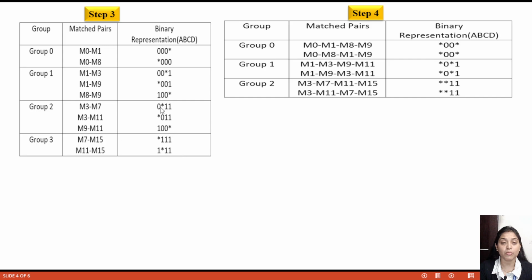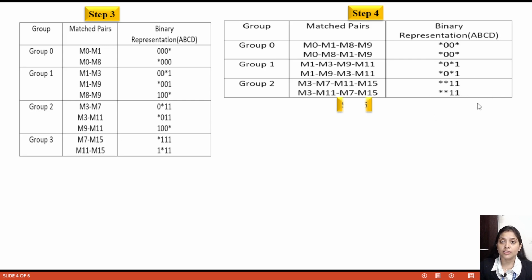So only in the most significant bit there is 1 bit change, so we will consider this one. Also M3 M11 and M7 M15, that means star 0 1 1 and star 1 1 1, that means in the second bit there is a 1 bit change. So we have written in this way.